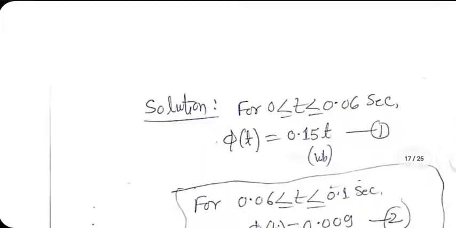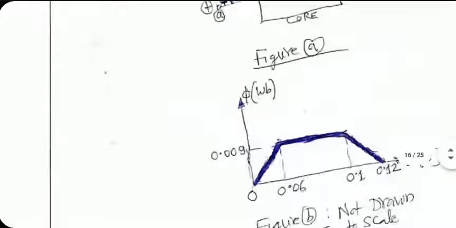So what I did was, I took the first portion, when t is between 0 and 0.06 second, and I figured out the equation. It's very easy, right? At time equal to 0, flux is 0. At time equal to 0.06 second, the flux is 0.009.